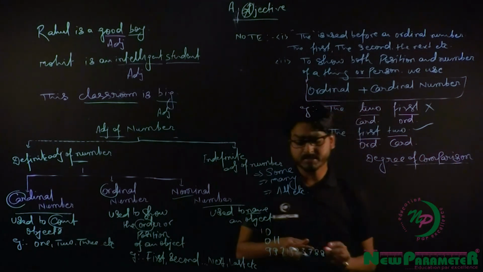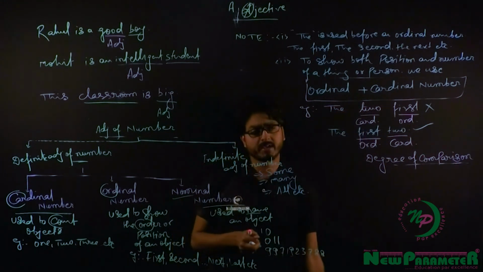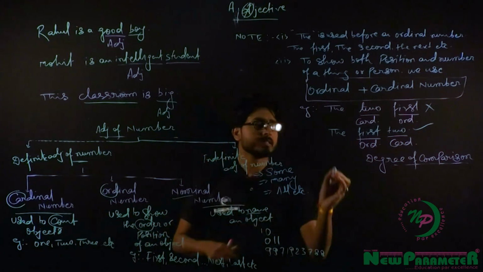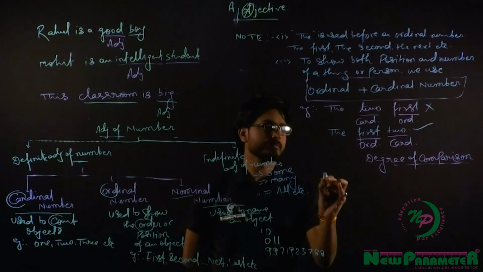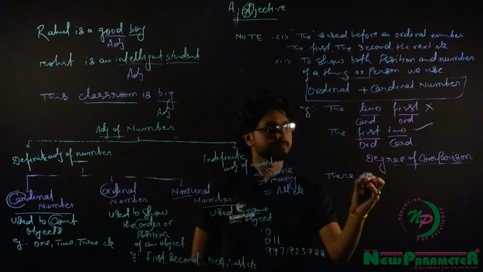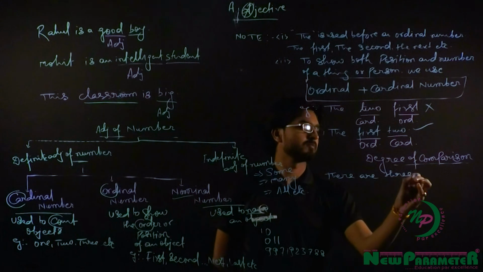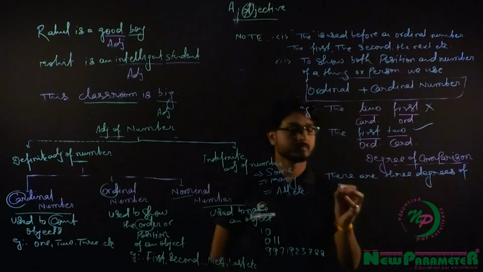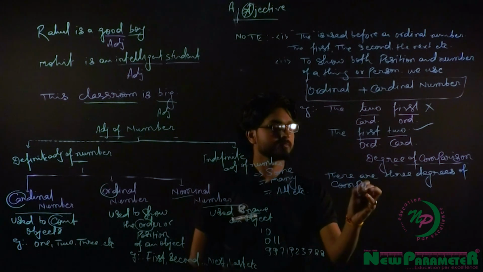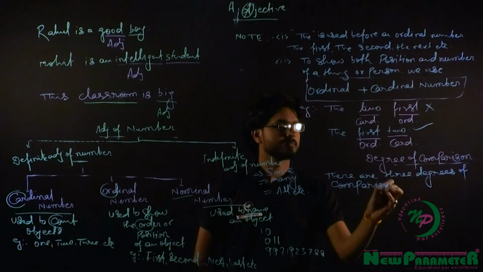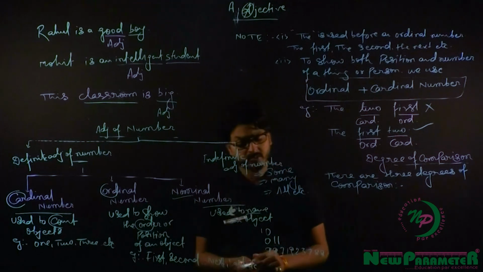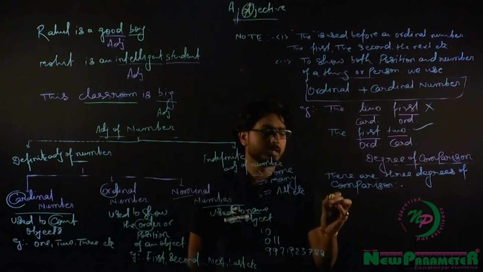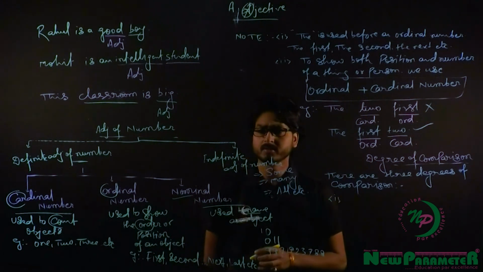What is degree of comparison? Every adjective has a degree of comparison. There are 3 degrees of comparison. Which are? I hope you have learnt it in your childhood days.